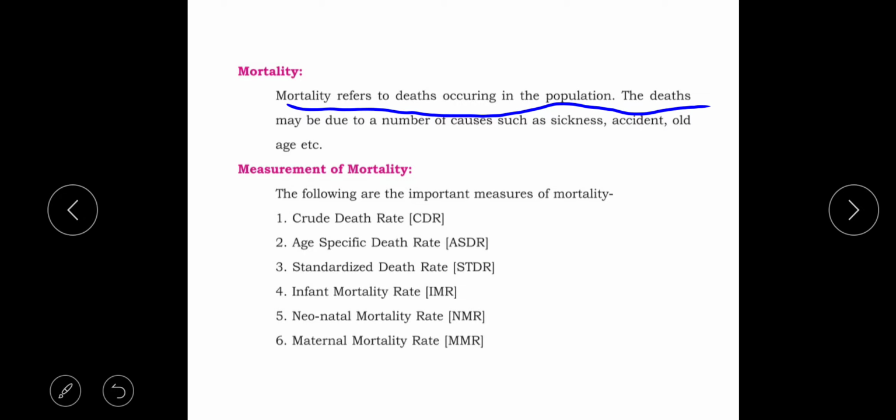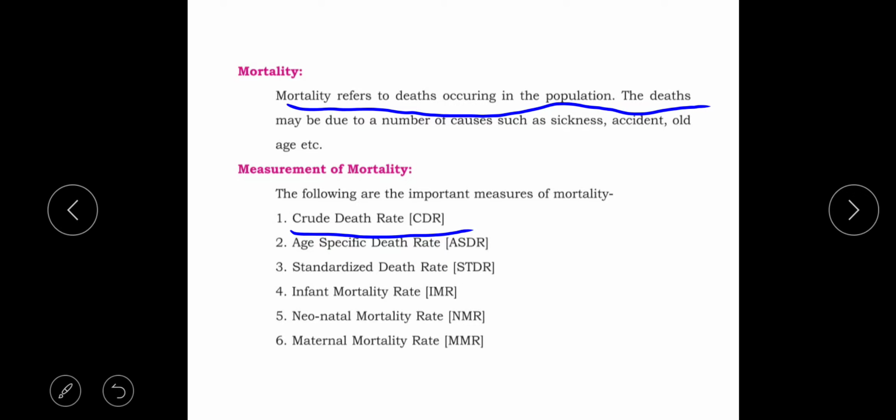To measure mortality, we have 6 different measurements based on different categories. The first one is the crude death rate. It is the same as the crude birth rate.